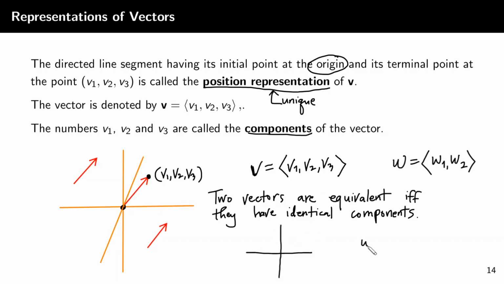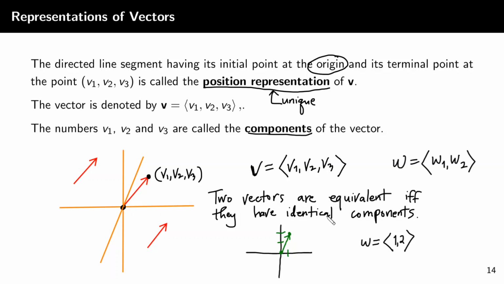Then the vector W with components 1, 2 is represented by the directed line segment starting from the origin, and its terminal point will be the point with coordinates 1, 2. So 1 and then 2. So this is now the vector W.